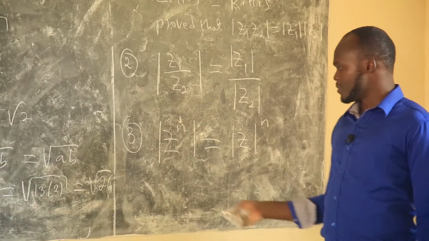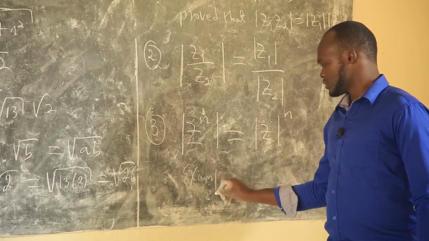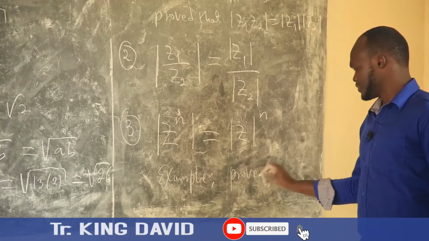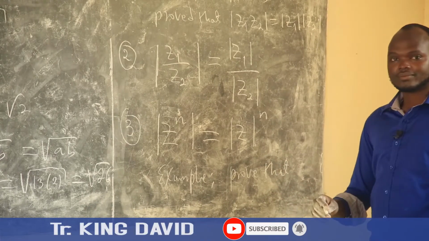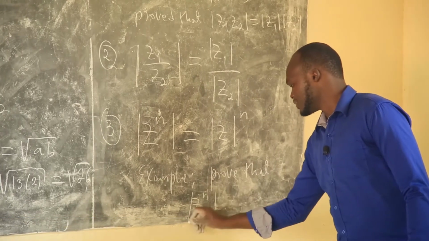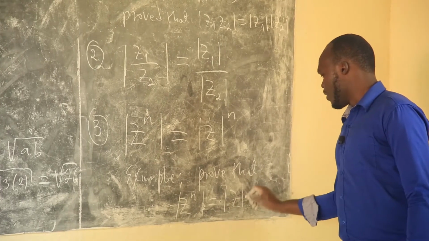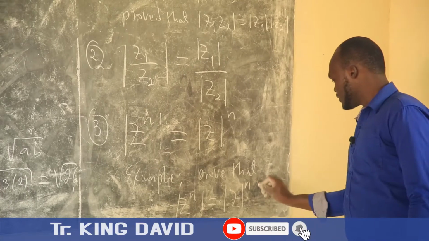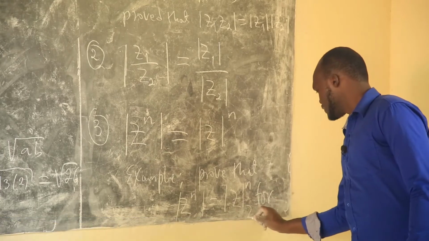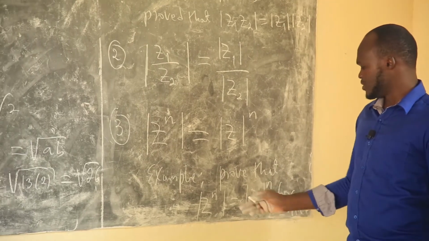So let me try to give an example here on number 3 to prove that. Example: prove that the modulus of Z power n is the same as the modulus of Z, then power n, for Z equal to 1 plus i.